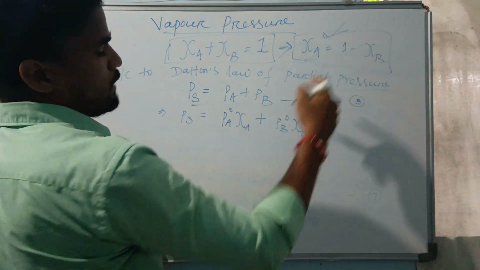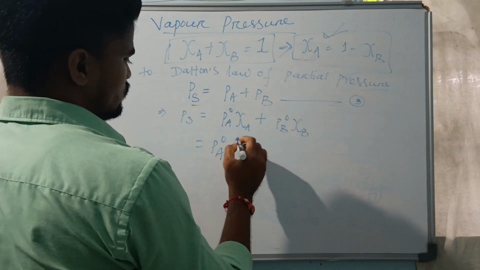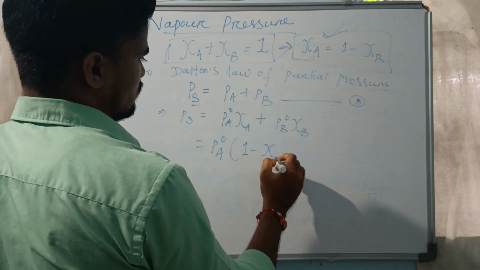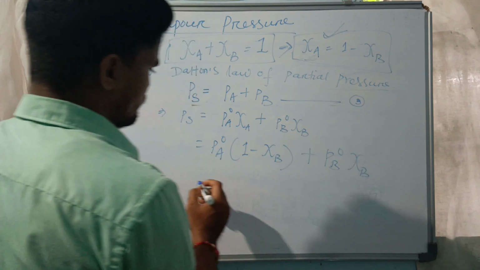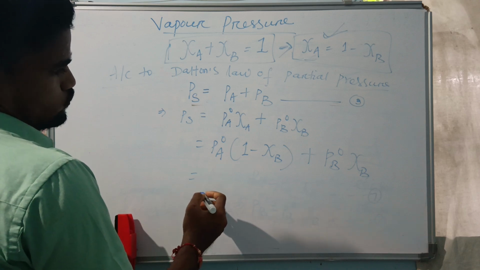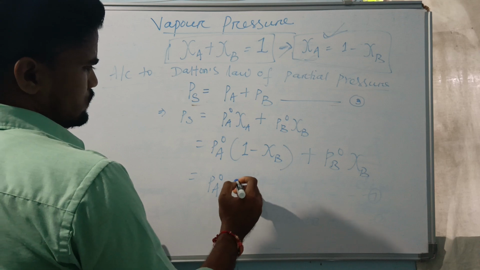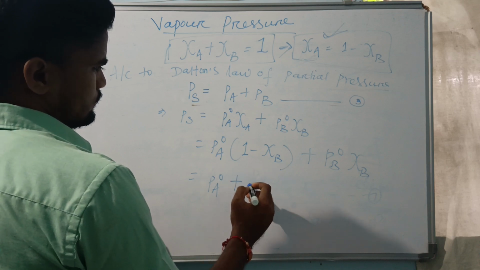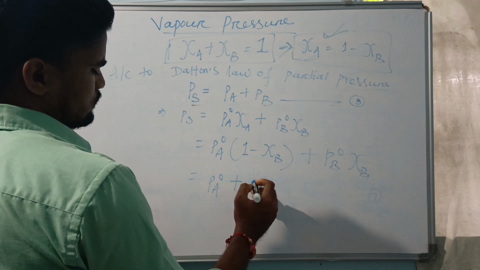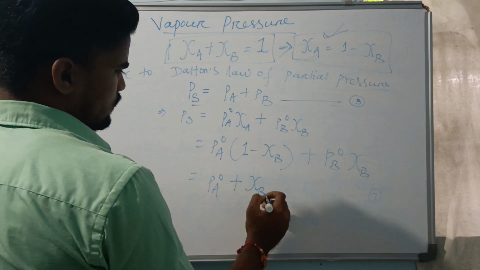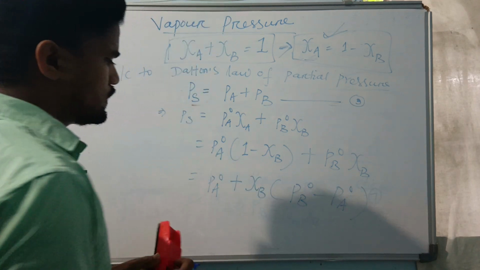Chi A is 1 minus chi B. So this is equal to PA naught into (1 minus chi B) plus PB naught chi B, which is equal to PA naught plus chi B into (PB naught minus PA naught).